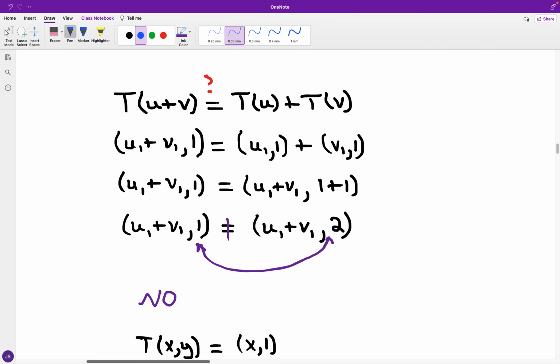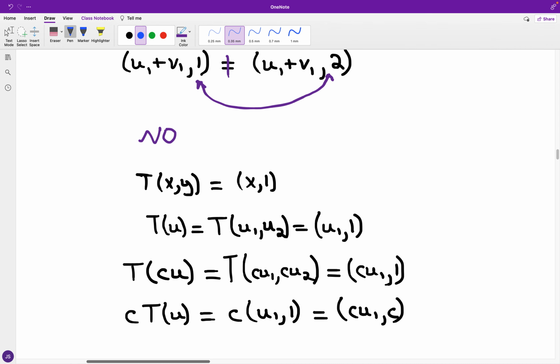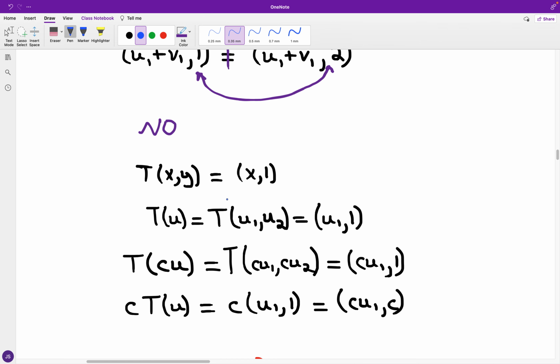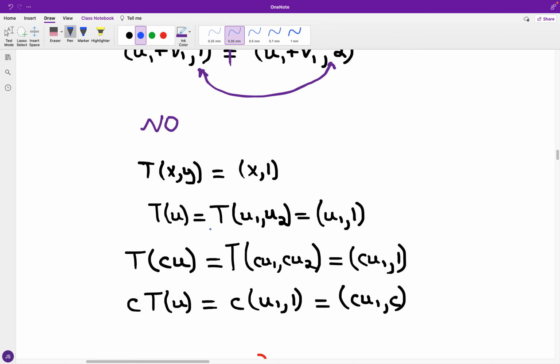But I just want to carry this over in terms of the scalar multiples. Again, we have for the transform given, T of xy is equal to x, 1. And just going back to what we had worked out earlier, the transform of u is equal to u sub 1 and 1. Now for the transform of c times u, that's going to be the transform of c u sub 1, c u sub 2.